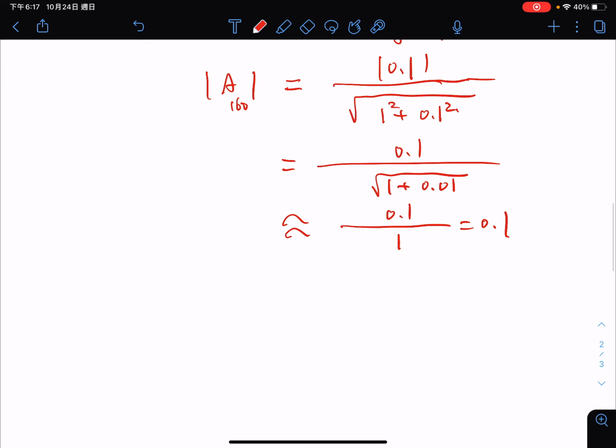And then V out will be 0.1 multiplied by V in.